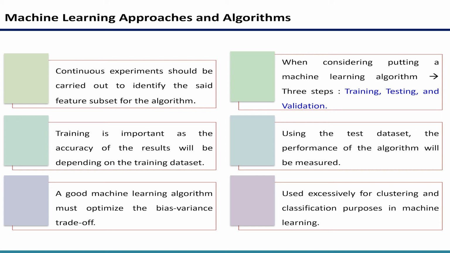Once they match, it says, okay, this looks like this particular thing. For example, we train our computer how a cat looks. Next time, when we give it a cat picture, it extracts the features, matches the trained values with this input, and after matching, says this looks like a cat. That is called the testing process.